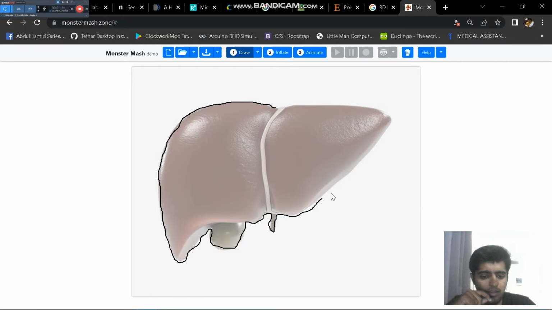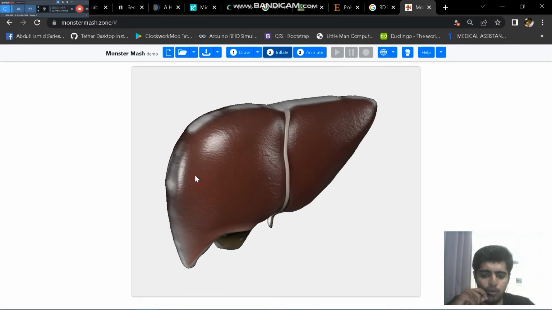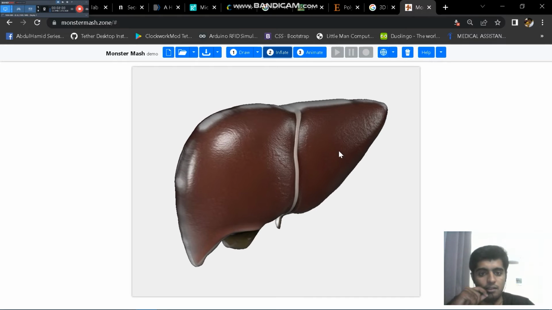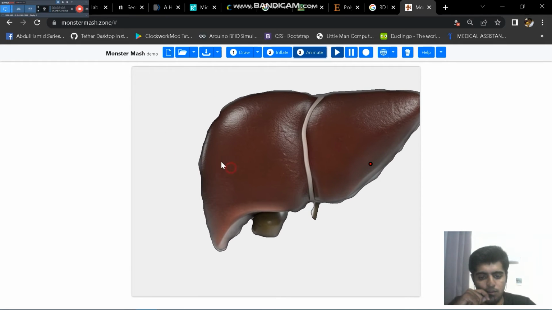As I crop or draw this line, later when I run it, I can get a 3D version of the liver, like here, already done. So I click inflate, and this liver has already been made so that it looks 3D. So later I run it in animate, and as we can see here, this is the liver itself.